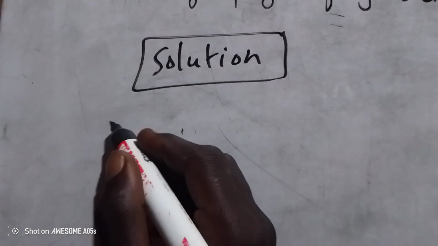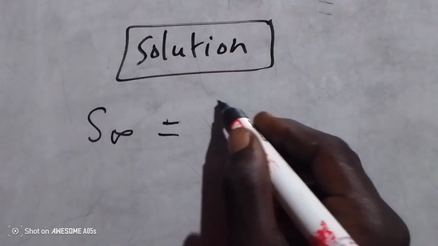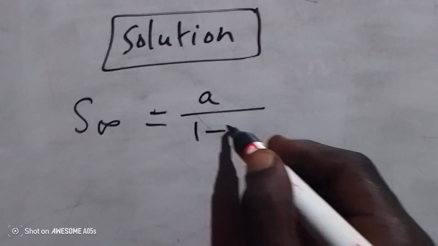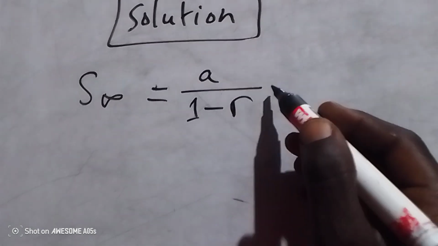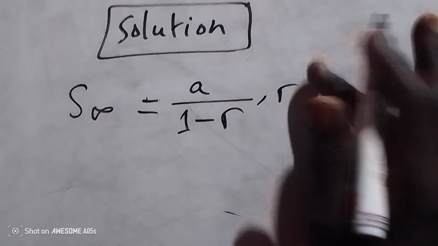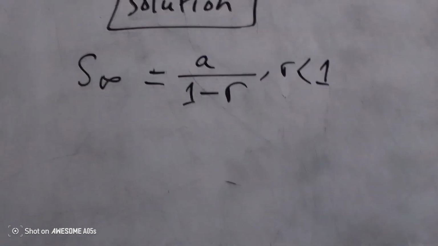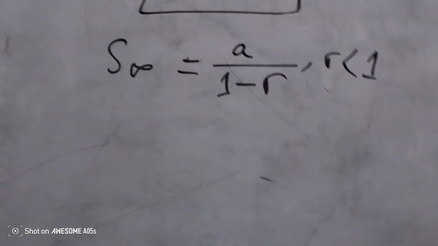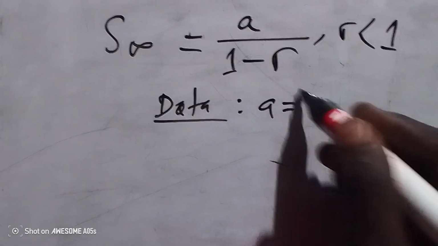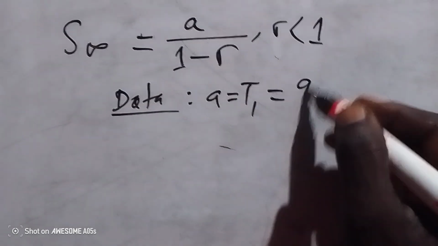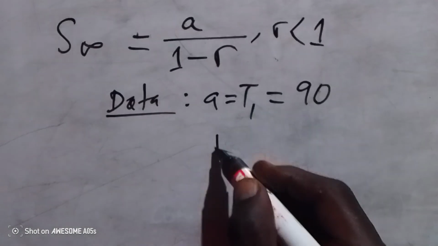So here is the formula: sum to infinity equals A over 1 minus R. You can see that it can only work if R is less than 1. From our data, A, which is T1, is equal to 90. Then what else do we need from the formula? 1 is a constant, so we need R.